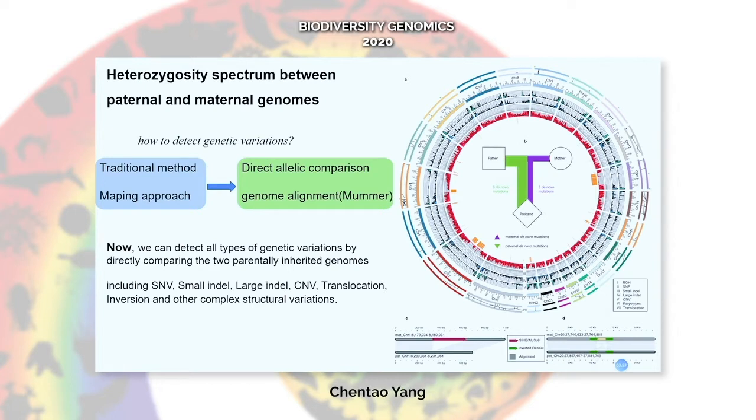But our chromosome-level diploid assemblies allow us to directly compare the two alleles and identify the full spectrum of genetic variants, including single nucleotide variations, insertions, deletions, and other large structural variations.